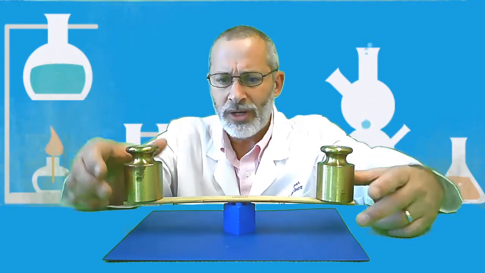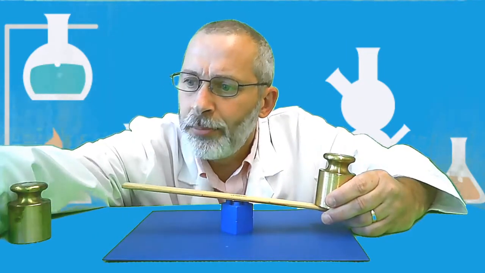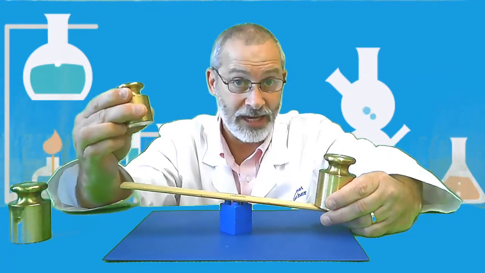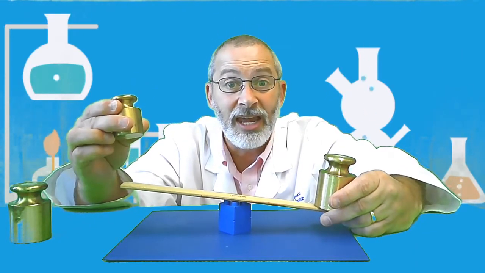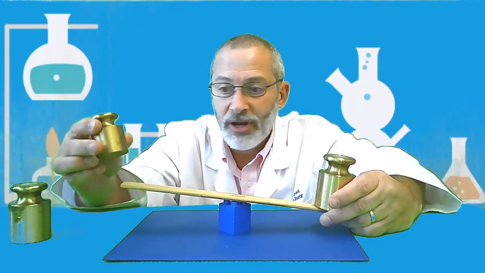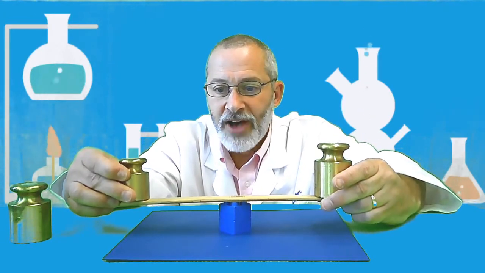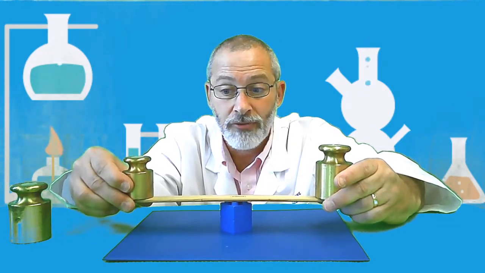Now, what if I were to take this 1 kilogram off and bring over a 500 gram or a half a kilogram over? Do you think that I can balance this lever again if I were to put this 500 gram or 0.5 kilograms over here?